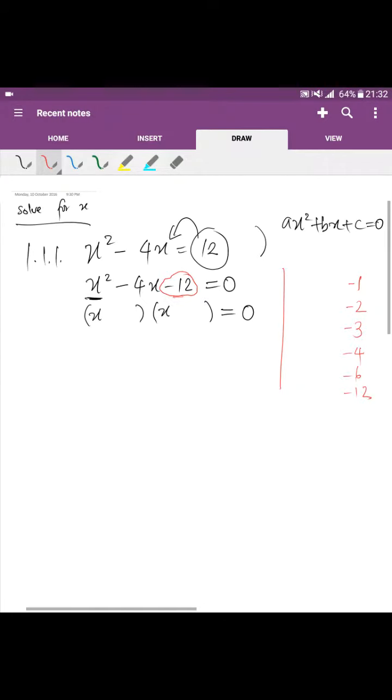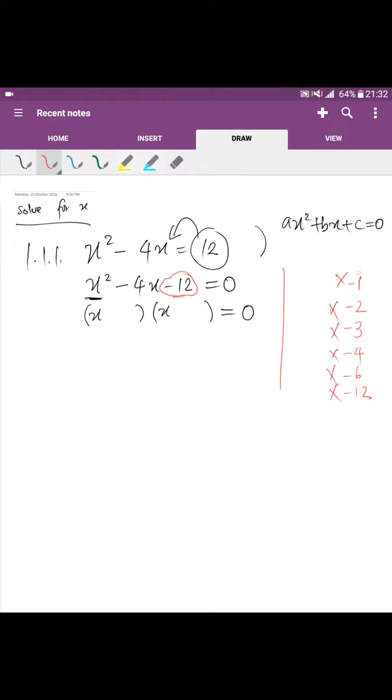Although this is the long way, I usually prefer to do it this way in order to understand how to solve this equation. You look for the numbers that you can multiply with these numbers in order to get 12.